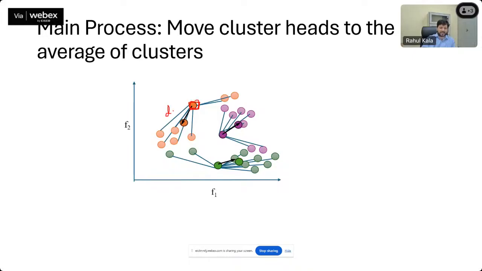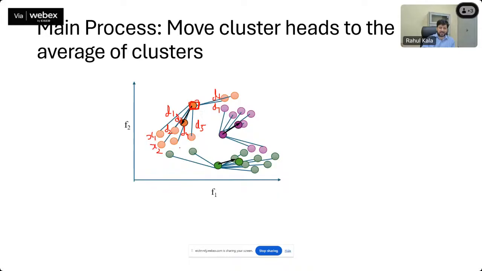It says my distance to the first person I represent is D1, to the second is D2, the third D3, the fourth D4, and similarly D5, D6, and D7. This is the distance I have from the data that I represent.